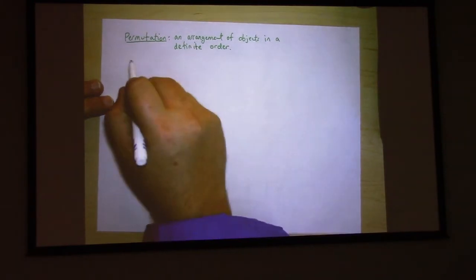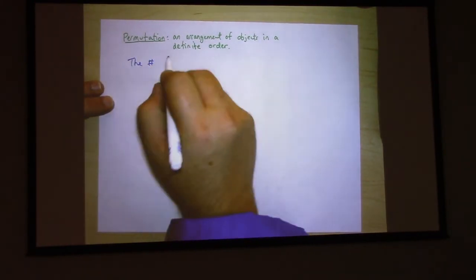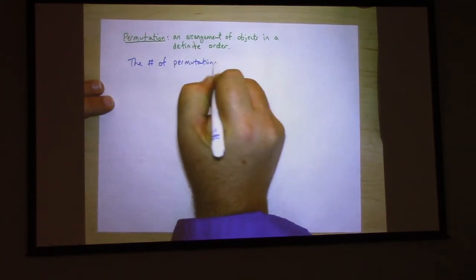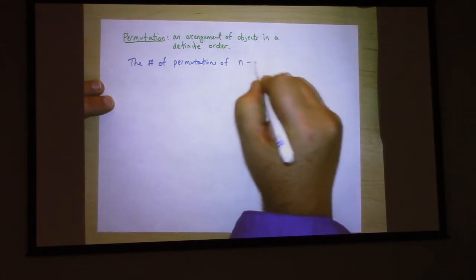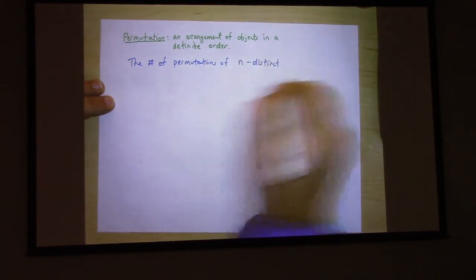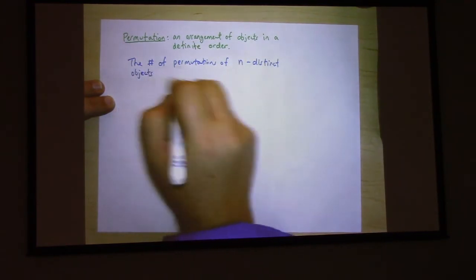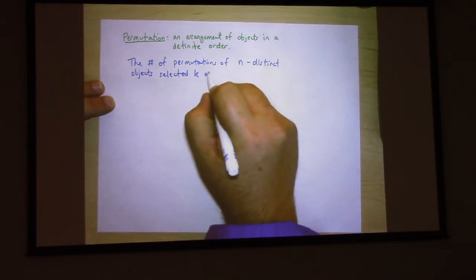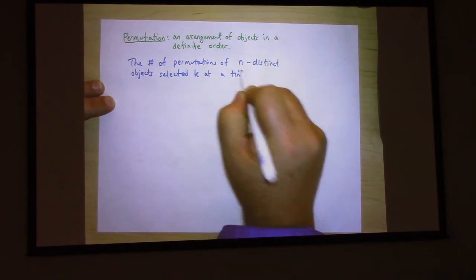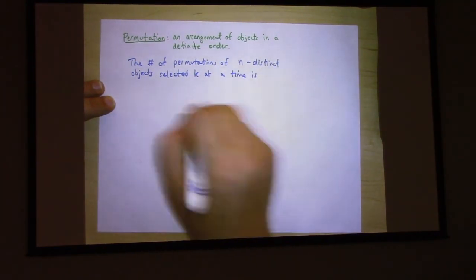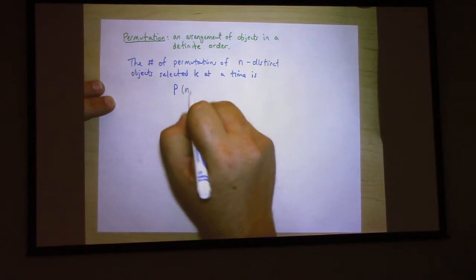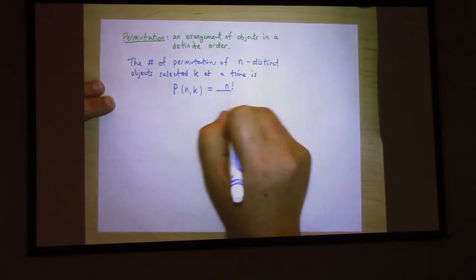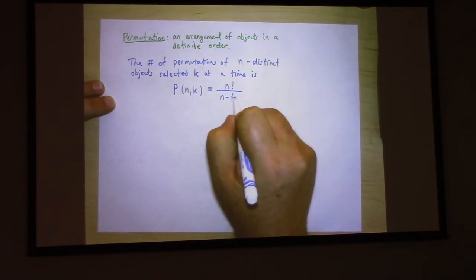The number of permutations of n distinct objects selected k at a time is, here's the notation for it, P(n,k), and that's equal to n factorial over n minus k factorial.